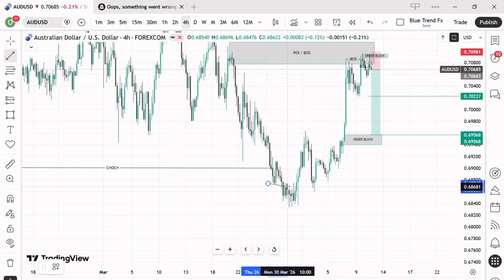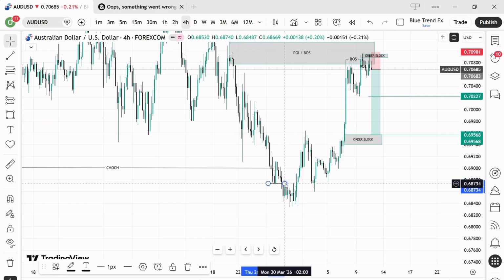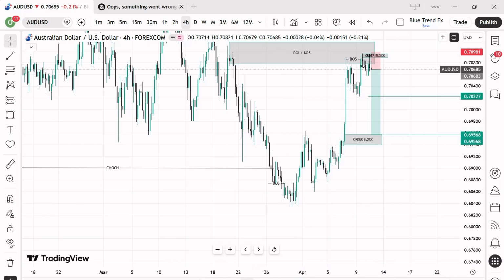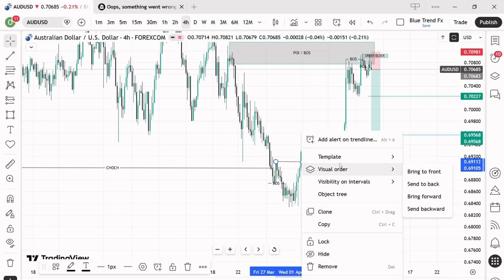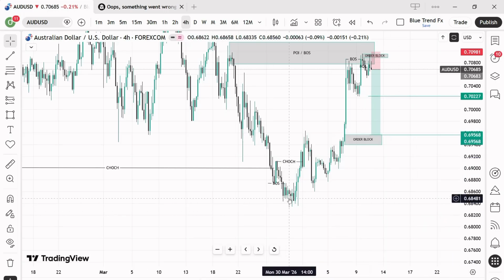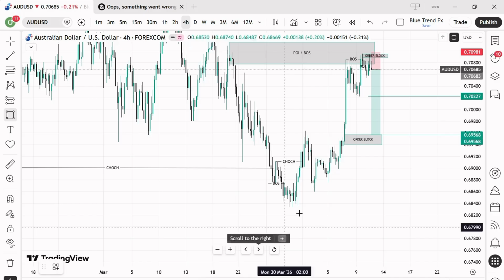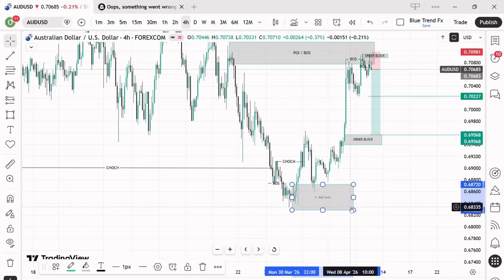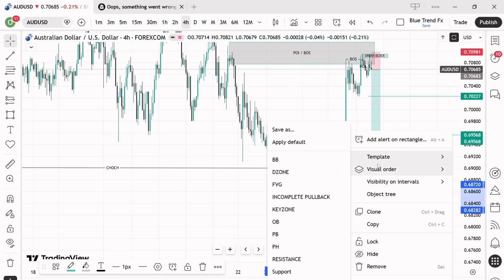The last inner break of structure happened here, a change of character. This is a demand zone. However, as we can see, it is being mitigated.